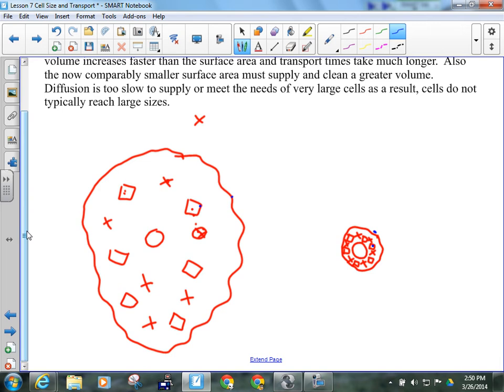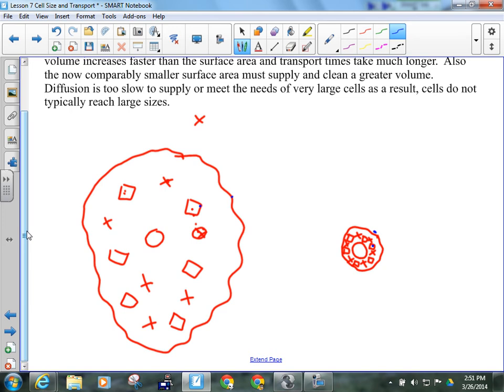How many dimensions are there to surface area? If you're going to calculate the surface area of a square, what do you do? Length times width. What about when you want to calculate volume? Length times width times height. There are 3 dimensions to volume and only 2 to surface area. So as something gets bigger, naturally, its volume increases faster than the area around it.